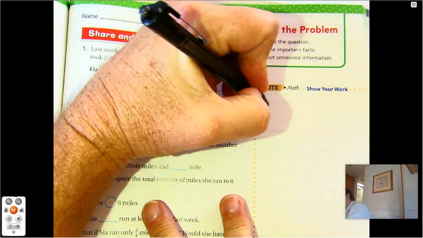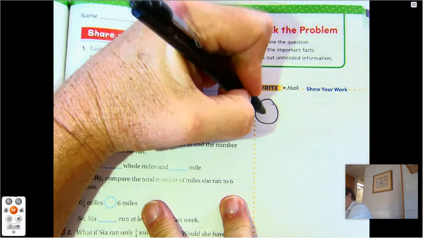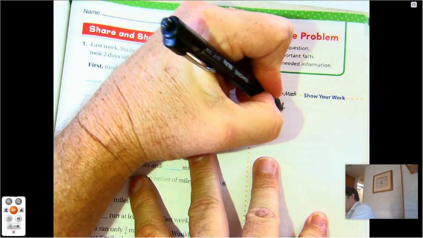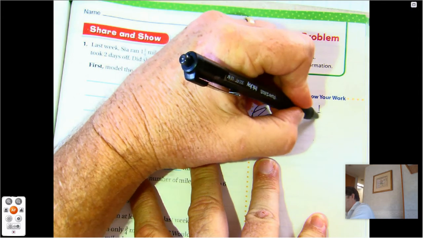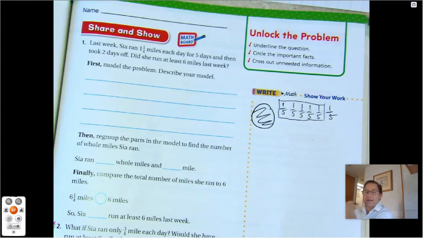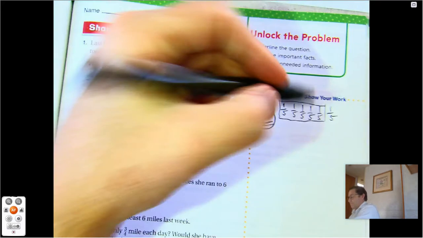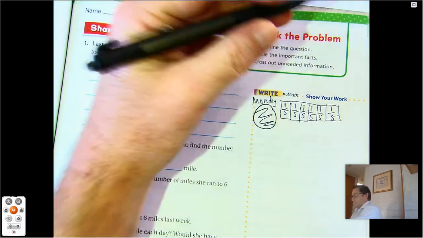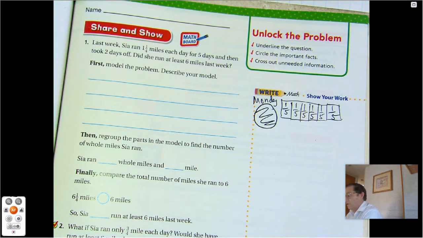So day 1, I'm actually going to use rectangles. All right, so that's how much she did Monday. Oh, 1 1/4.